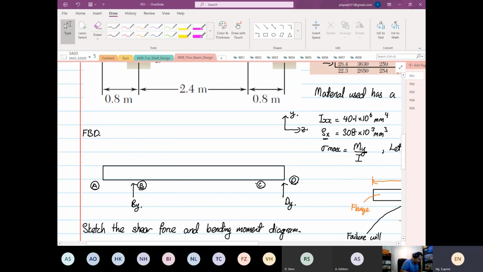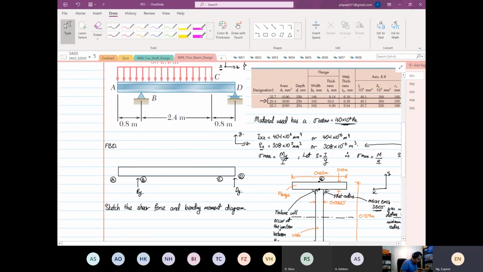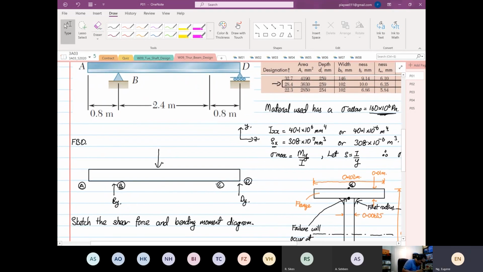We have a distributed load at the top, and the distributed load is up to point C. Somewhere around here is the equivalent load.